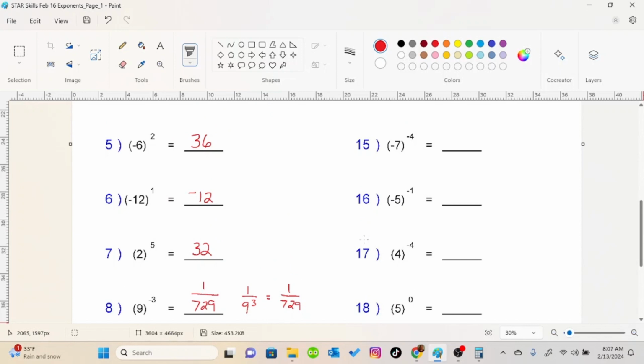Number 15. We have negative 7 to the power of negative 4. A negative exponent means 1 over. A negative number to an even power becomes positive.